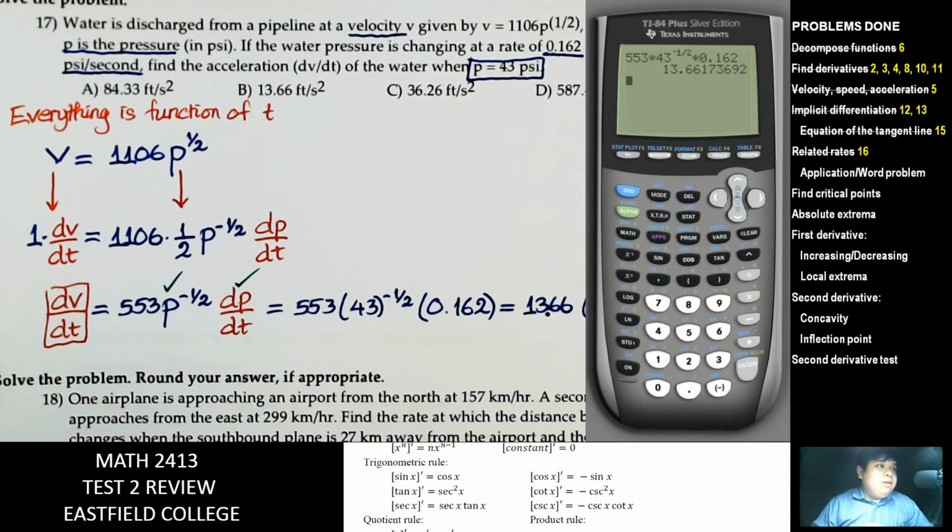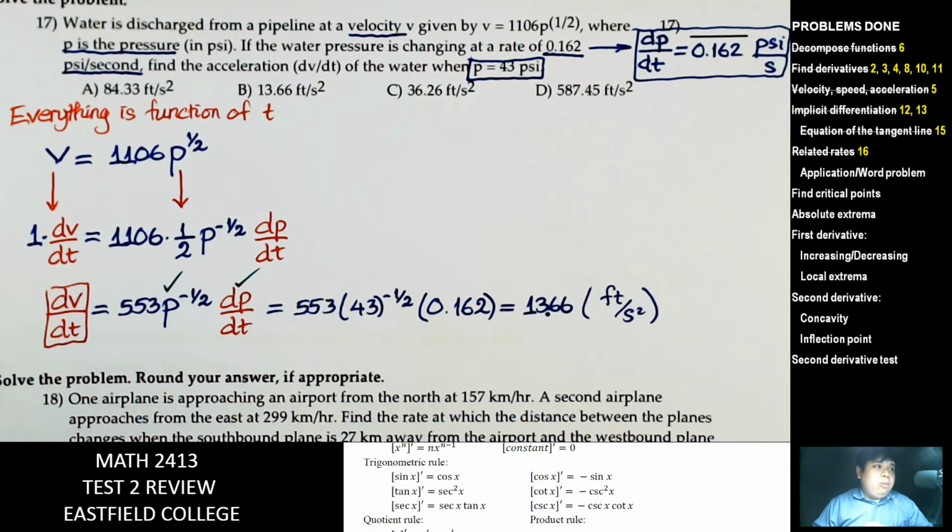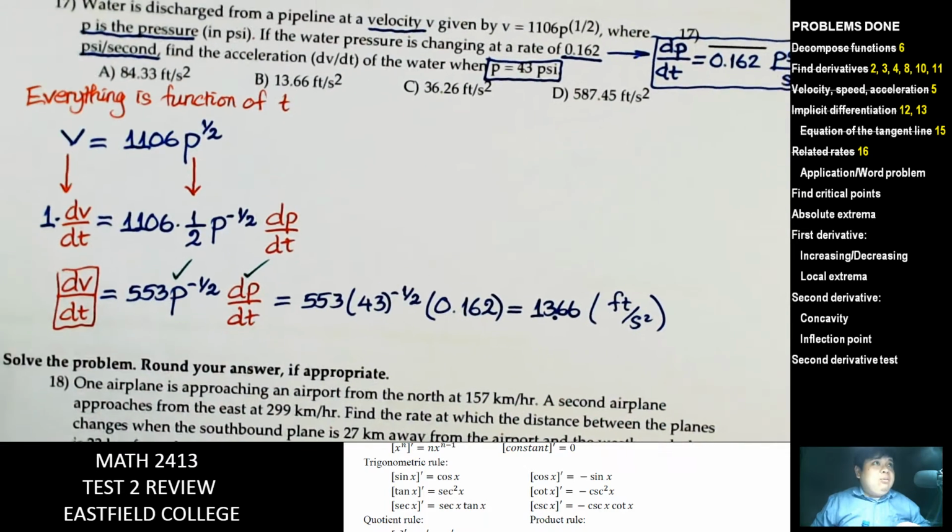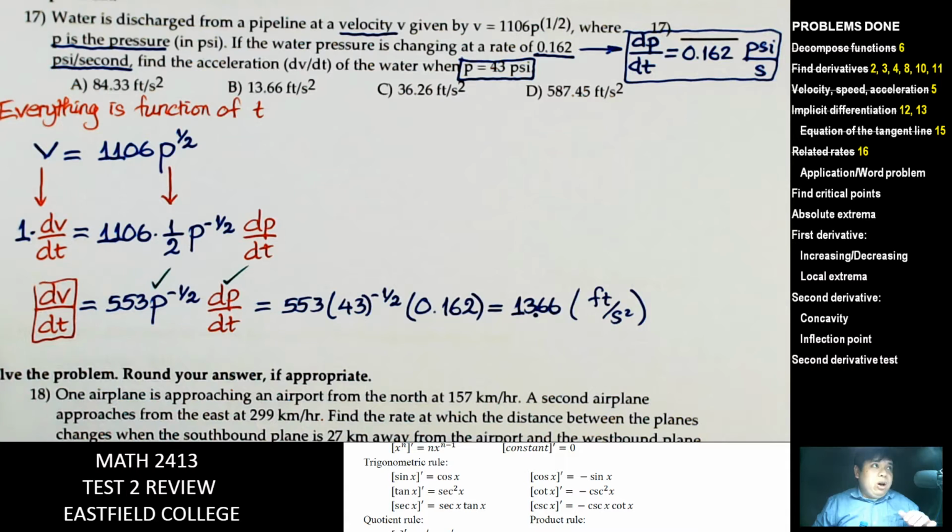So it's nice to have the equation, and then we just jump right in and take the derivative, and after that we determine what we have and what we don't, and we just solve for what we don't have.